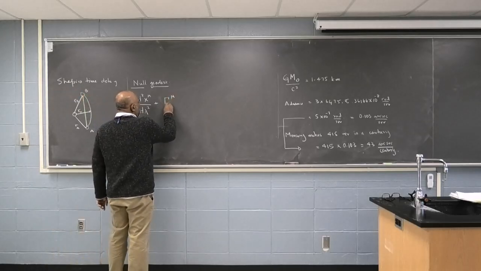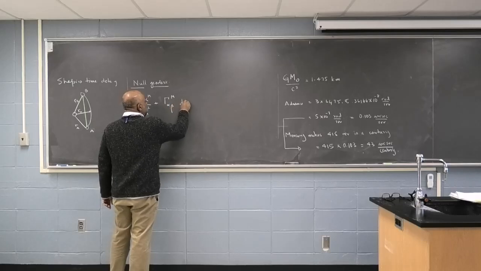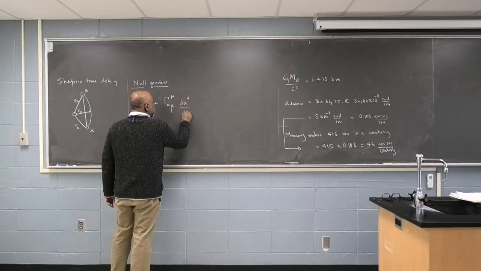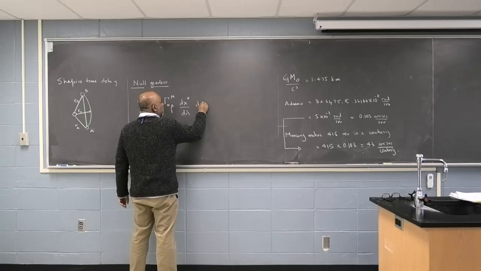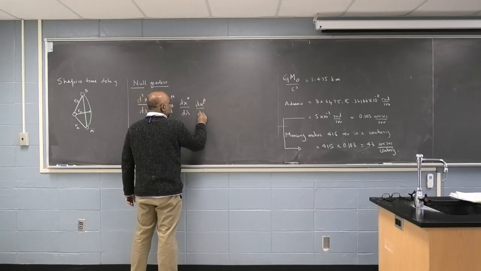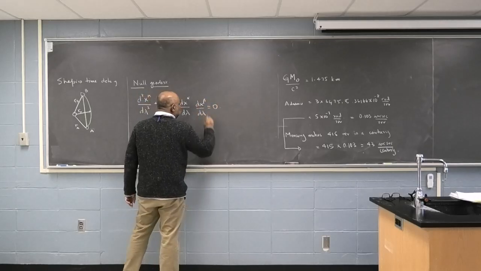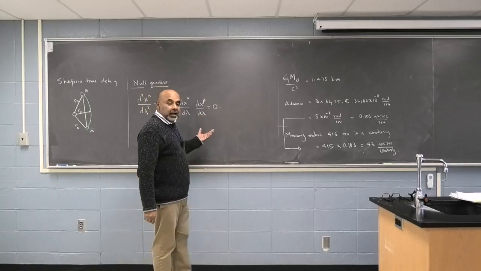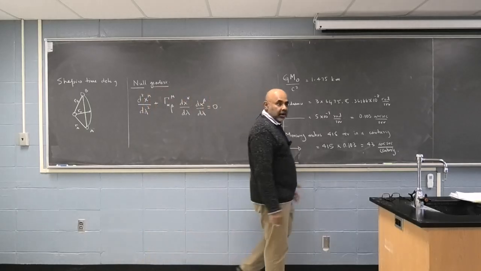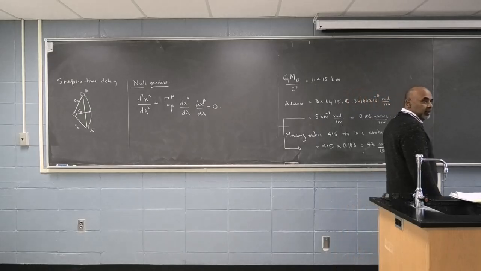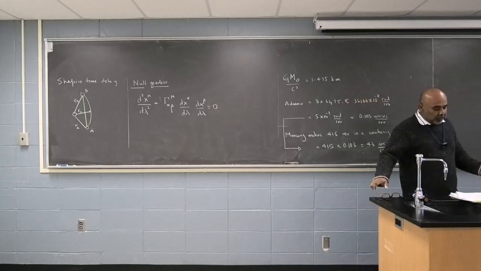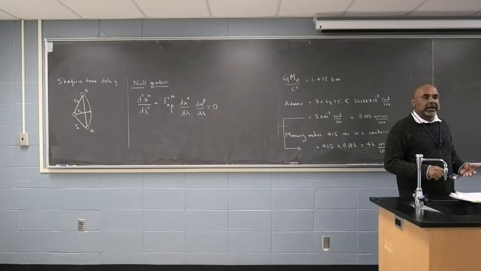Gamma mu alpha beta dx alpha d lambda dx beta d lambda equal to 0. Once again, this is given by a Lagrangian. Same Lagrangian, so you can expect its energy and its angular momentum of the photon is conserved.